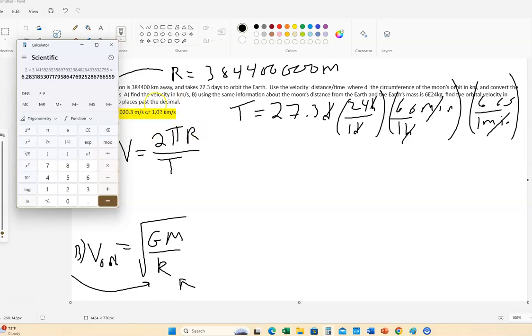That's where the R comes from. So we already did 2 pi, and then times the distance between the Earth and the Moon, which is 384,400. By the way, that's the average distance. And then, of course, we divide that by the period, which I already have in storage.